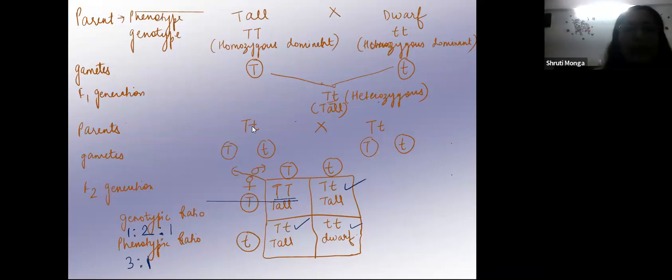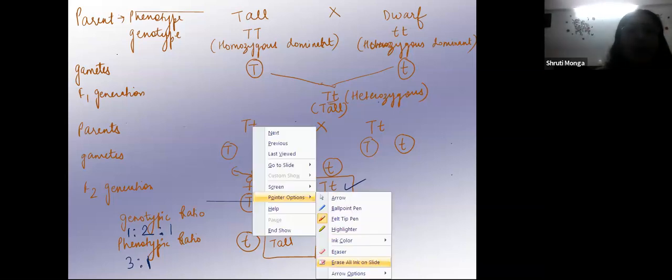I'm erasing this. Time to make a Punnett square. I hope you have written the parent and gametes for the dihybrid, or should I write again? You can continue with the Punnett square.